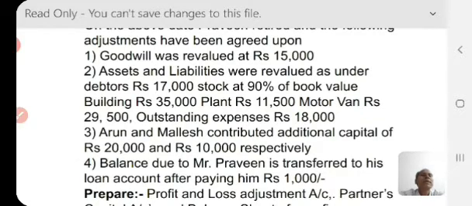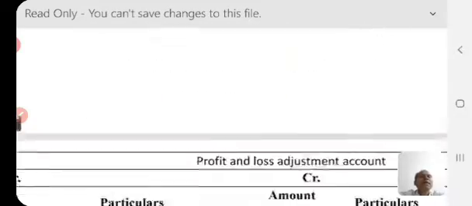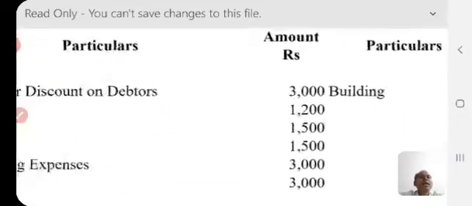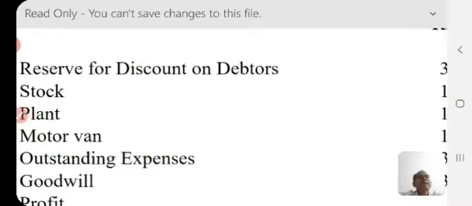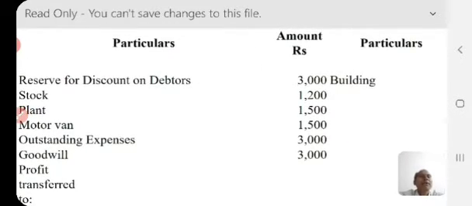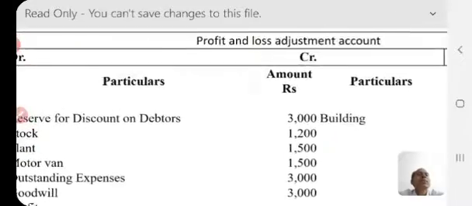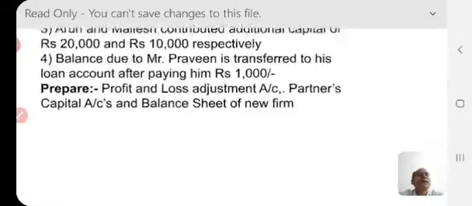So remaining 10%, that is 1,200, is decreased. And plant is decreased by 1,500.